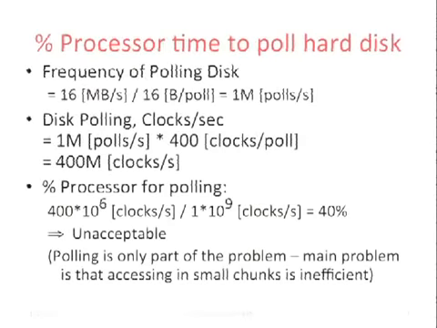The problem is, when you try to poll for the hard disk, that's a problem, because remember, it's giving you 16 bytes a chunk, and you can't miss one. So you've got to be there, just polling. And that, if you work out the arithmetic, could chew up a huge amount of your CPU, like 40% in this case. Okay?